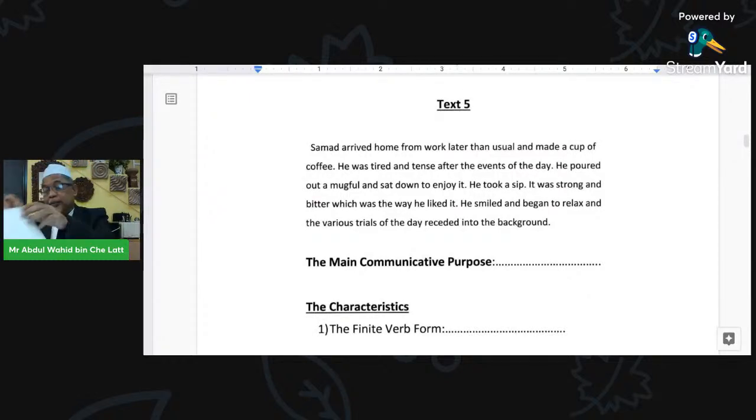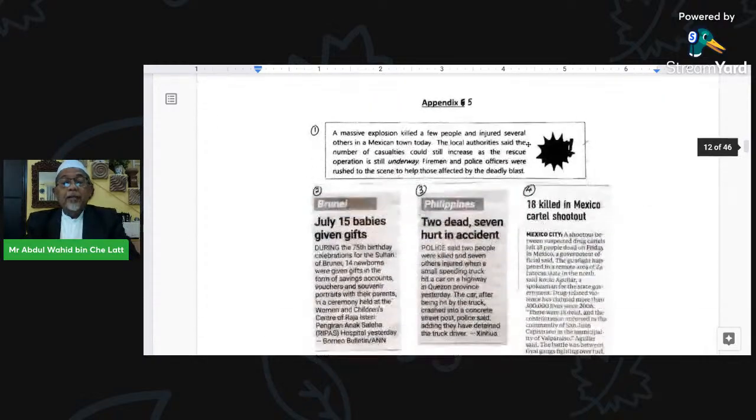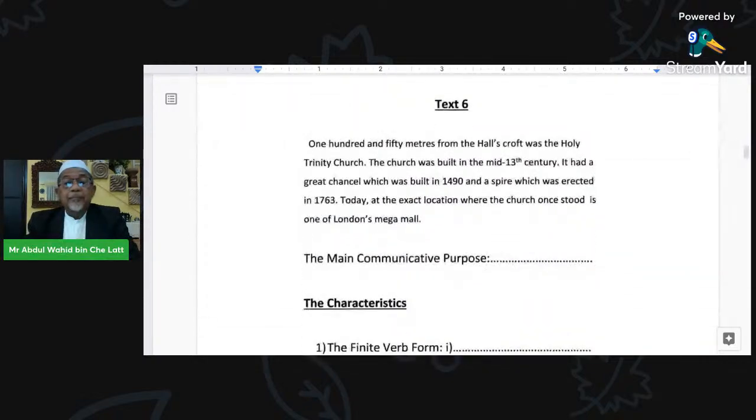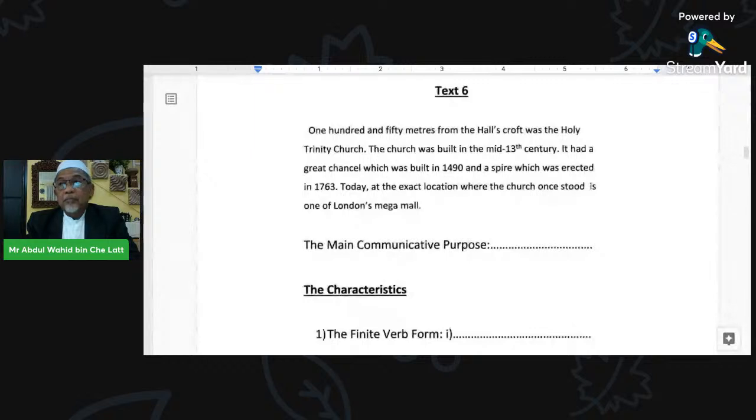Okay, ladies and gentlemen, let us look at text 6. 150 meters from the hall's cross was the Holy Trinity Church.